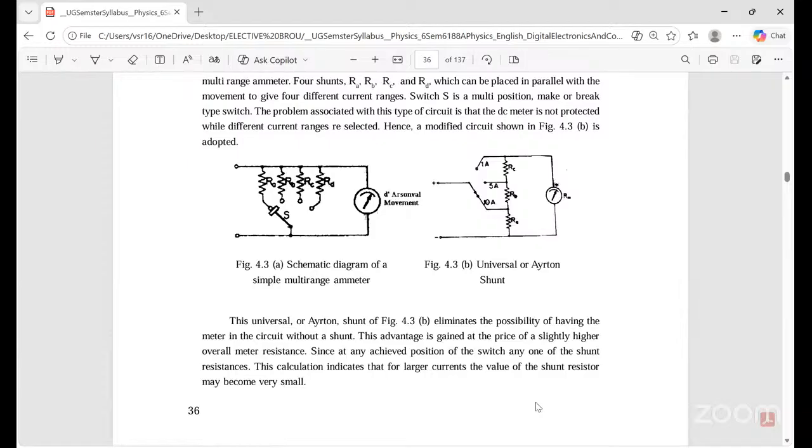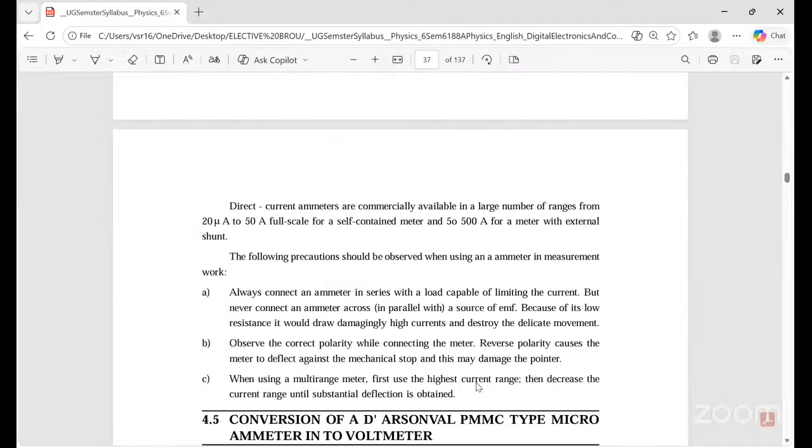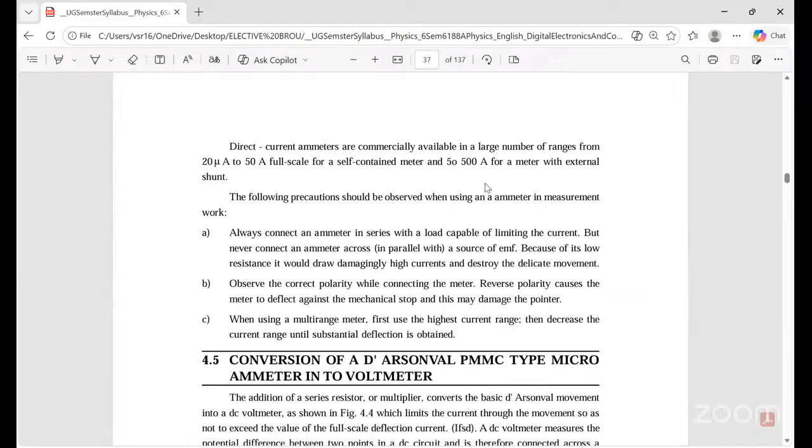These calculations indicate that for large currents, the value of the shunt resistance may become very small. DC ammeter ranges are available from 20 microampere to 50 ampere full scale, and 50 to 500 amperes.